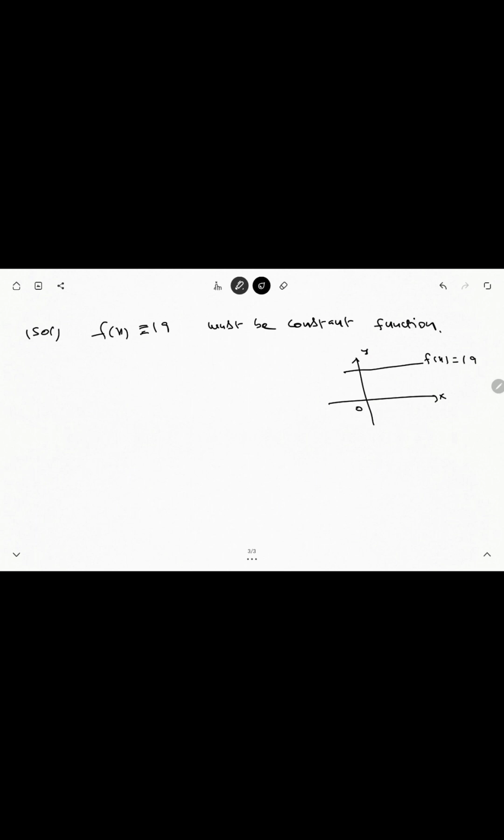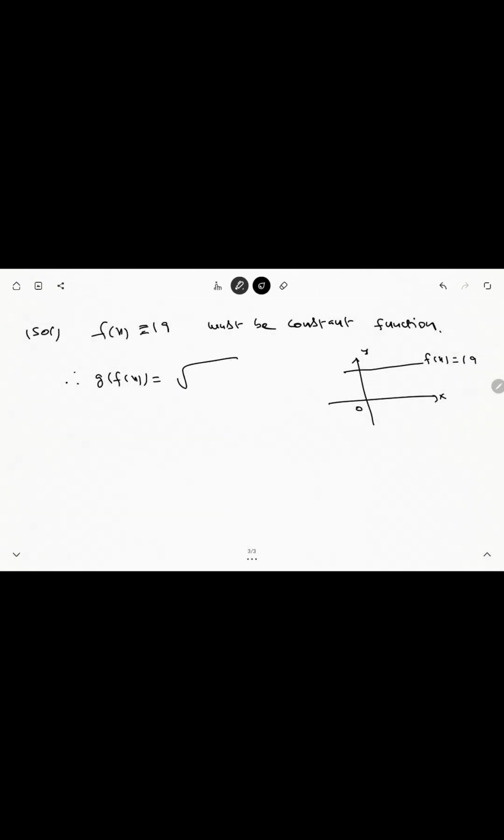Therefore, g of f of x is equal to root of 39 plus f of x whole square. 39 plus, what is f of x now? 19 only, 19 square. So simplify it, you will be getting 20. That is the final answer. Understood?